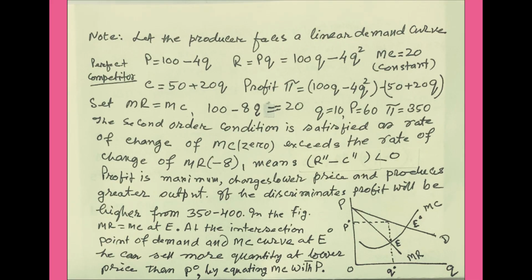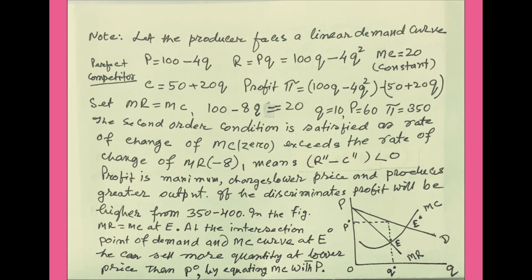This is equal to 100Q minus 4Q square. It is given that marginal cost is a constant 20. Then cost is equal to 50 plus 20Q, so marginal cost, dC by dQ, is 20.